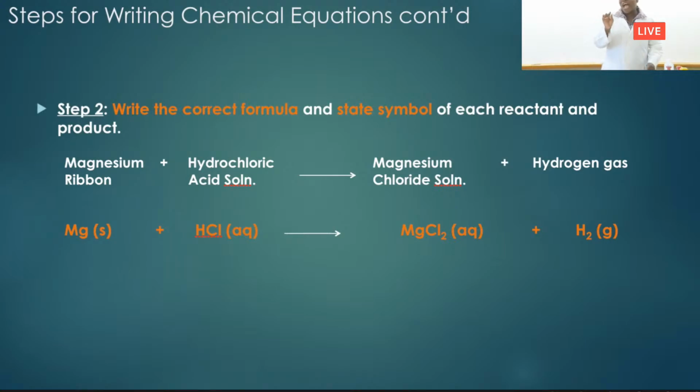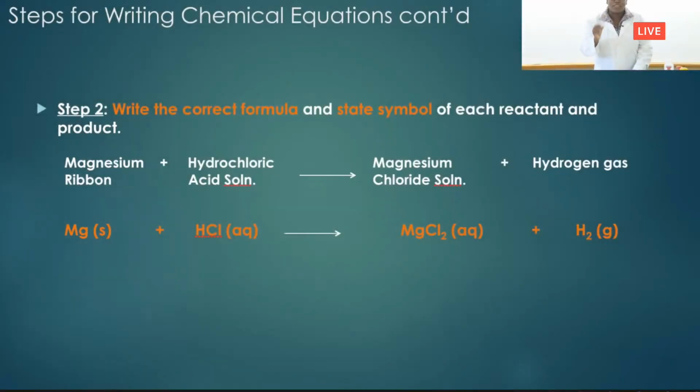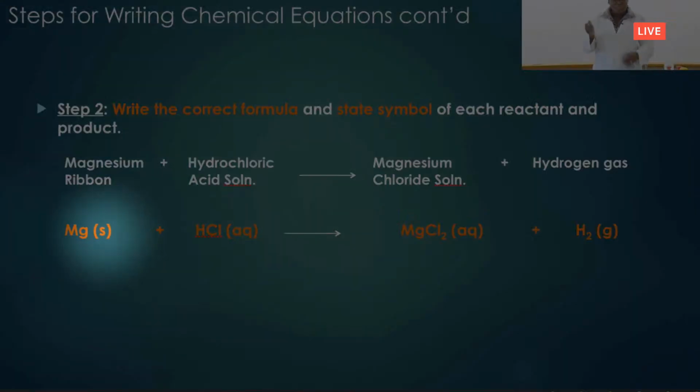Okay, so we're taking that worded equation and we're going to convert it now into the equation using symbols. So for magnesium, we have Mg, and it's a ribbon. So a ribbon here means that it's solid. Okay?